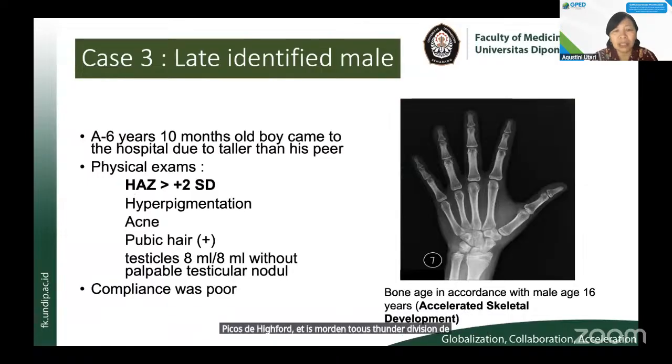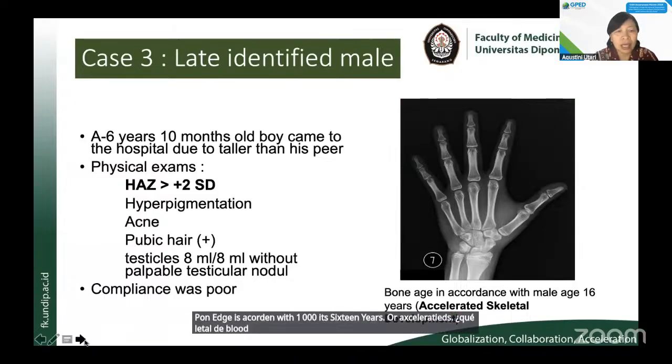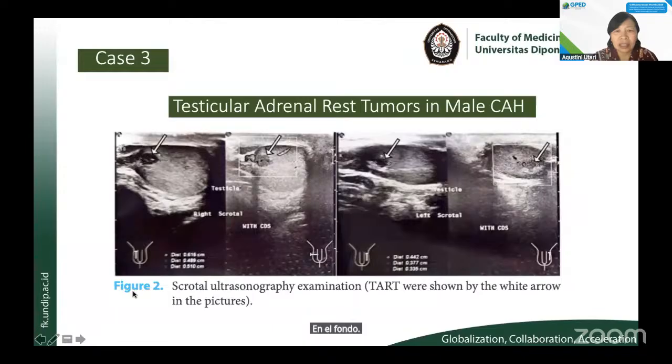There is hyperpigmentation, acne, pubic hair, and the testicle is 8 milliliter without a palpable testicular nodule. However, when we checked the bone age, it was accordant with a male age of 16 years, or accelerated skeletal development, and we found a testicular adrenal rest tumor in this patient.